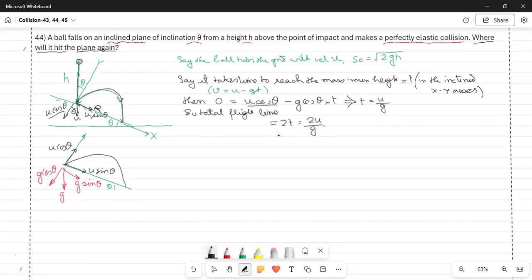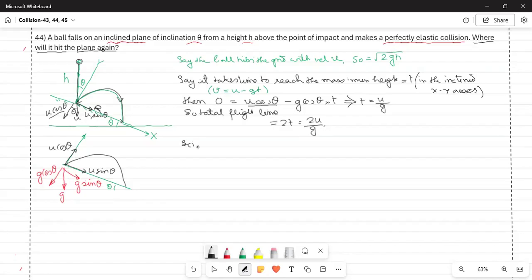But let me correct once again, not exactly in the horizontal direction, but in the x direction, which is inclined. Say this range is R.